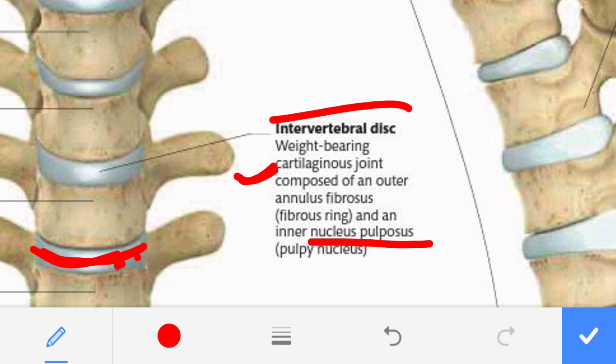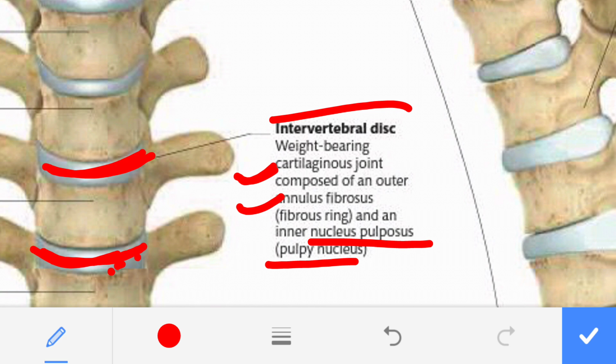So once again, the outer portion that we are looking at right now is known as the annulus fibrosus, and it is made up of a fibrous ring. Inside, the pulpy part is present, which is not visible right now.